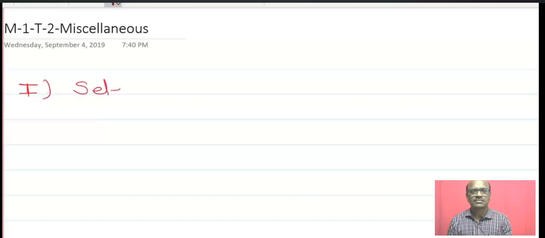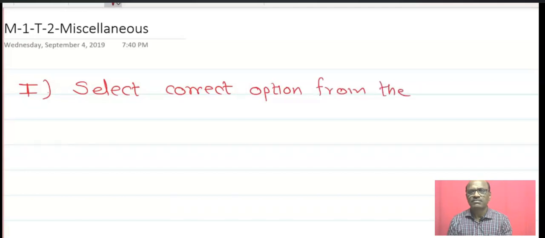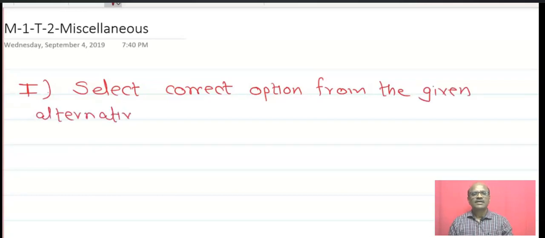Now we will start the miscellaneous exercise for Trigonometry II. The first question: select the correct option from the given alternatives.